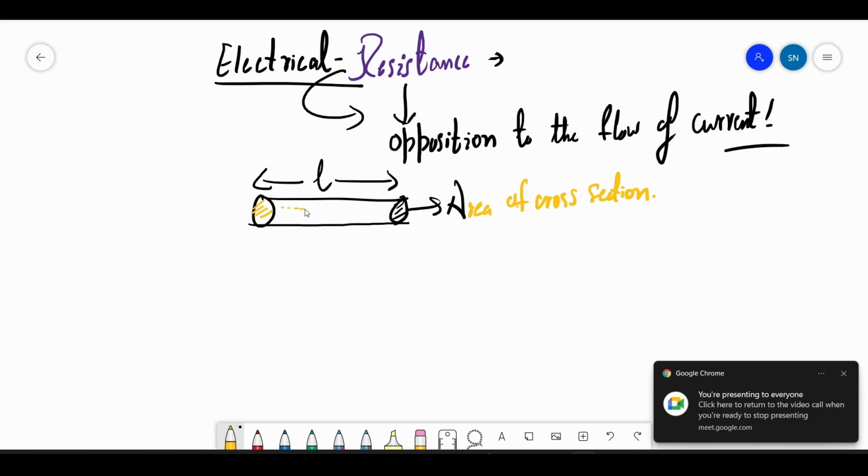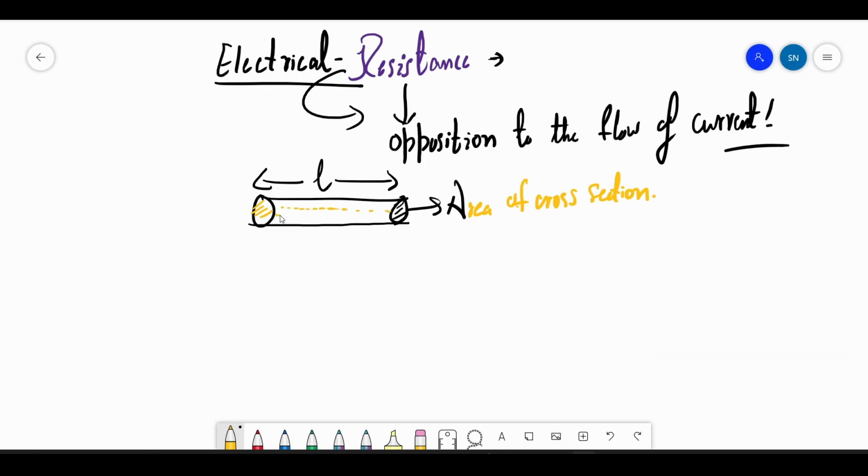So this will be having electrons in it, obviously millions and millions of electrons in this conductor. When this is connected to a battery, these electrons will begin to flow in this direction, towards the positive terminal, away from the negative terminal.